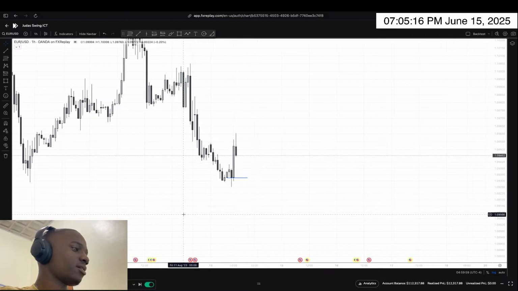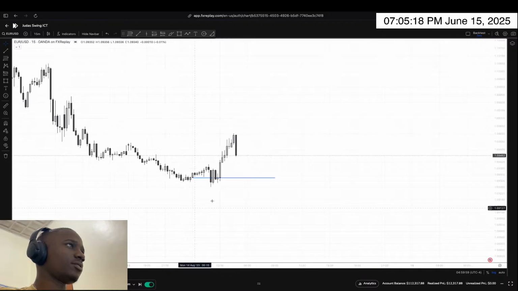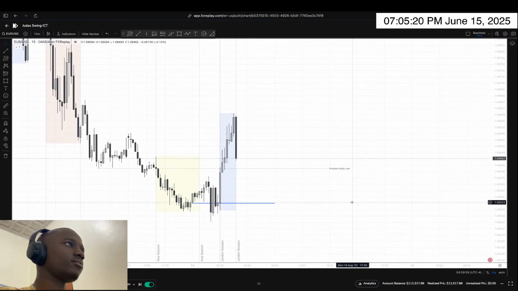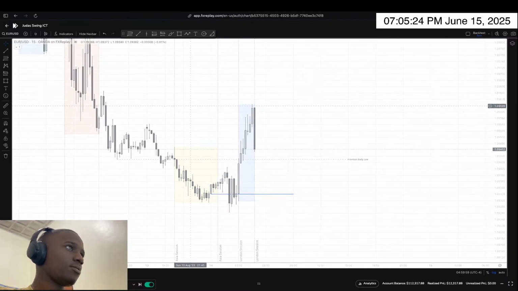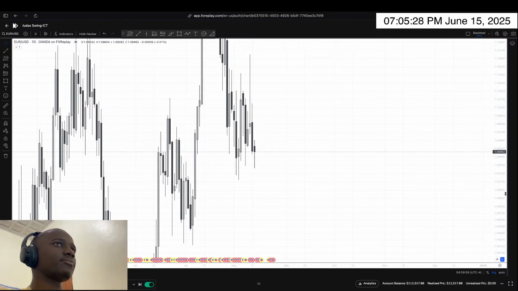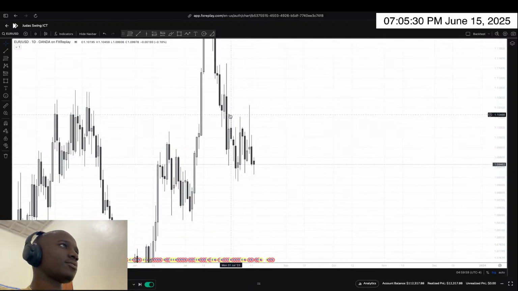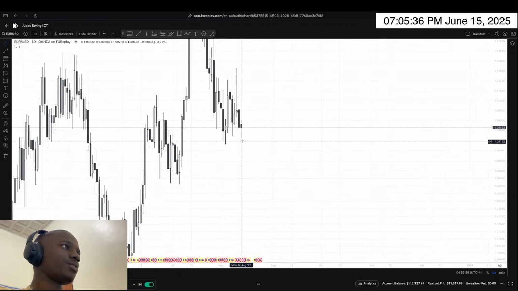and I think I'd like now to go to 15. So first off, I still think we will drop on the daily. Daily is looking clean as well. Took out this liquidity resting here, reaction on OB, and then I expect a tremendous push.